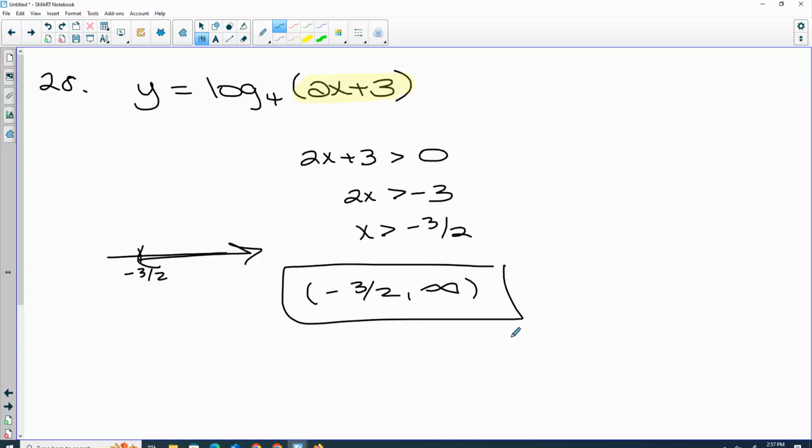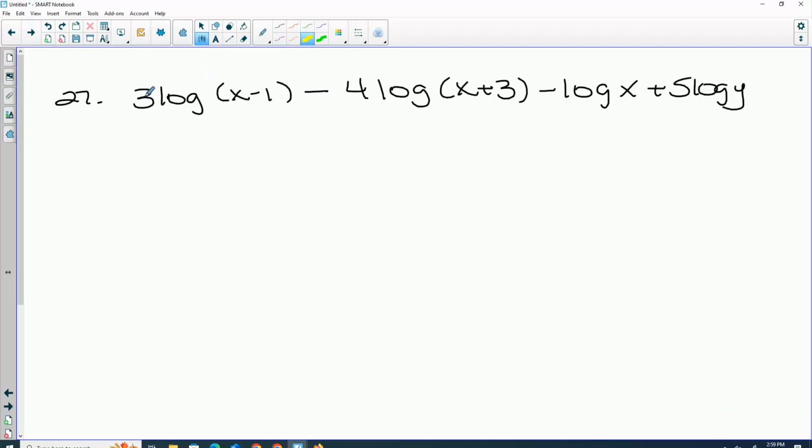All right, are there any other questions on the study guide that we haven't hit? Is there anything in general you want me to throw a problem up? First thing I would start with are these coefficients. What can you do with the coefficients? So this 3 makes it an x minus 1 cubed. Minus. Take out that 4.